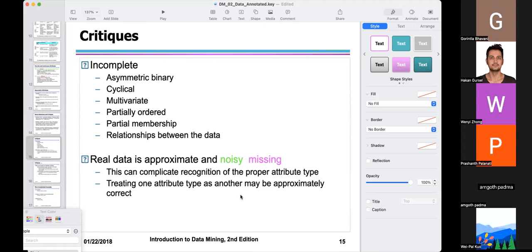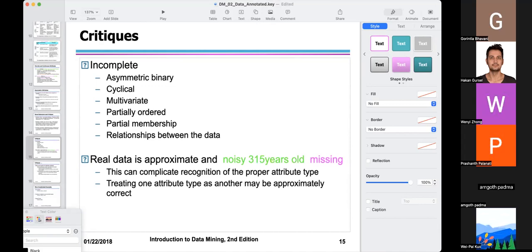Let's say if our customers are between 25 and 80 years old, and all of a sudden there comes some customer that's 315 years old. Is this possible? Most likely it's a mistake. That's called noise. Nobody's 315 years old, I mean, that is living.